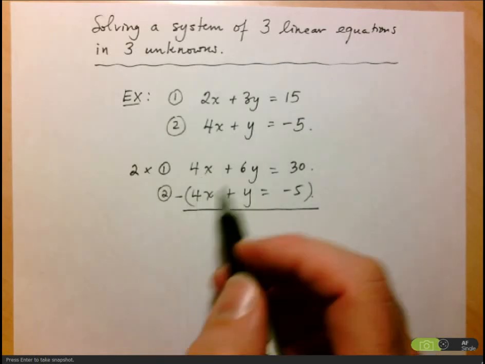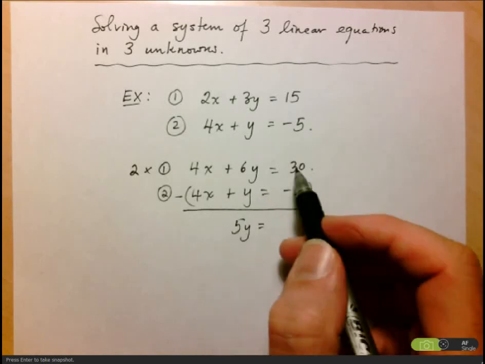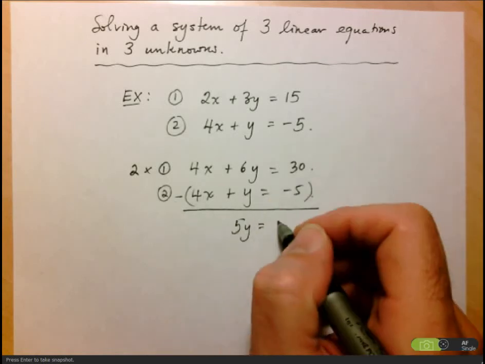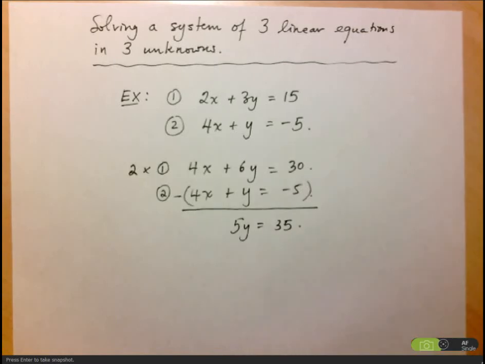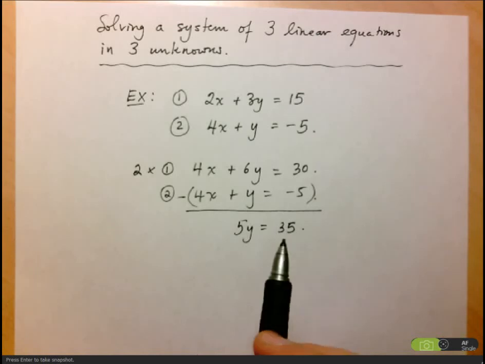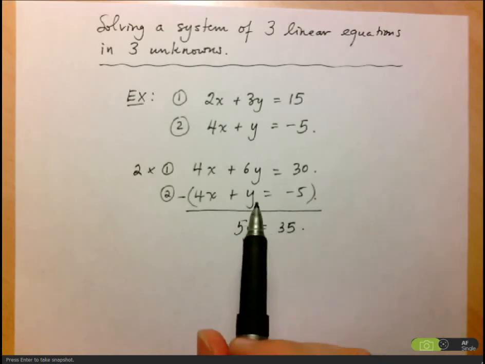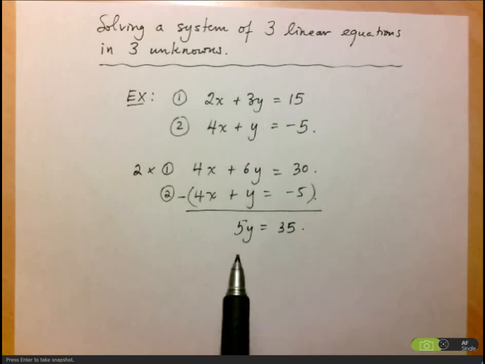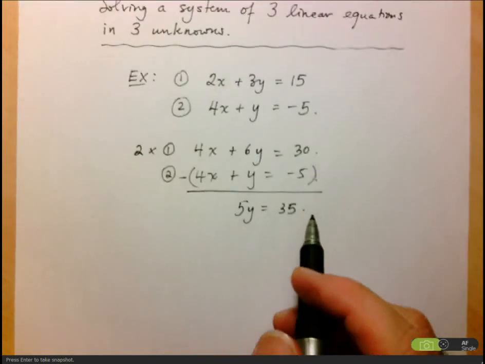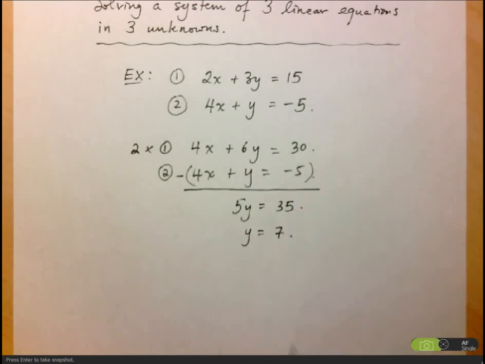So 4x minus 4x is 0, 6y minus y is 5y, and 30 minus negative 5 is 35. I've now created a new equation. However, this value of y will be the same as the value of y which solves the original equations. That's what makes it an elementary operation. So here we can find that y is equal to 7.